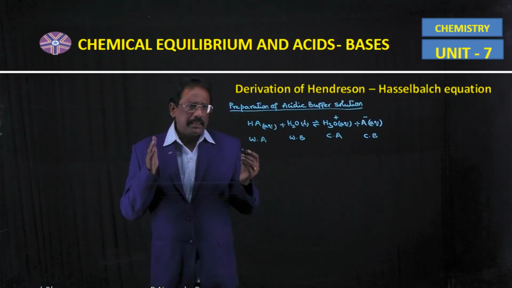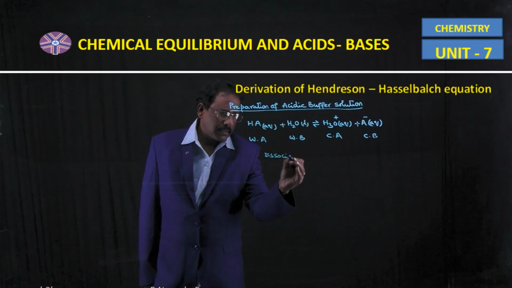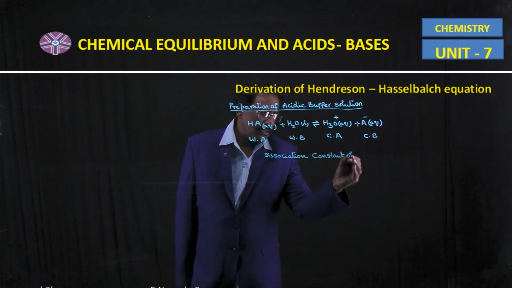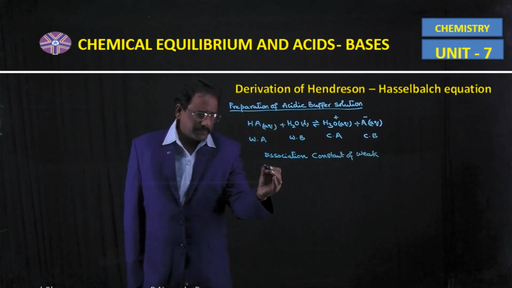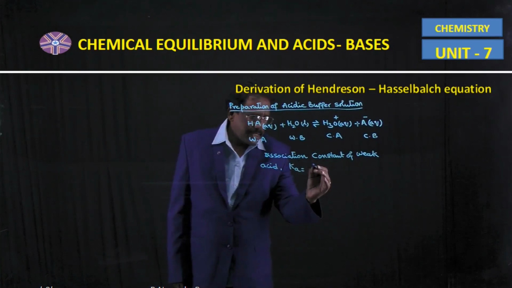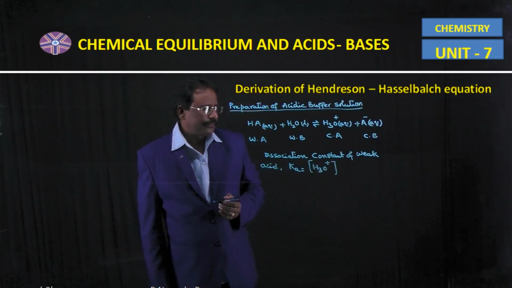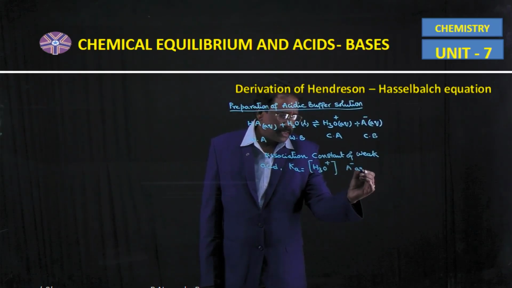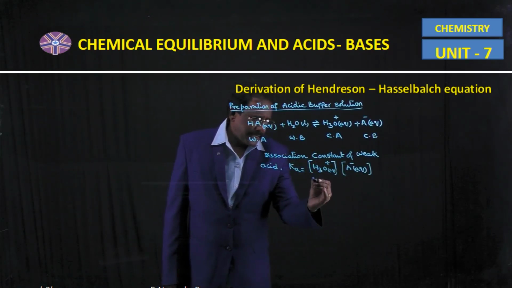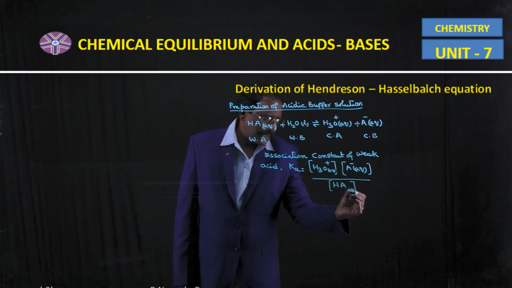For this weak acid dissociation, the dissociation constant Ka is equal to the active mass of hydronium ion in aqueous state into active mass of A- in aqueous state divided by active mass of HA in aqueous state.